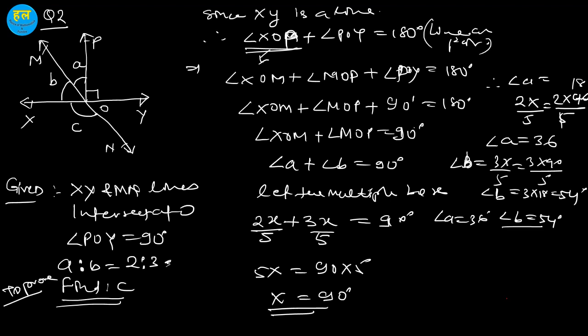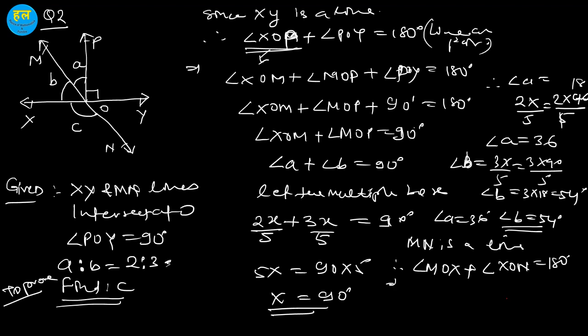Now we have angle B. Now it is also given that line MN is a line. Therefore angle MOX plus angle XON is equal to 180 degree.